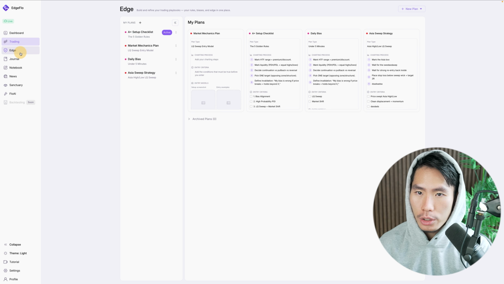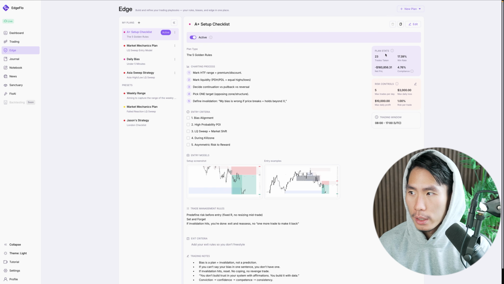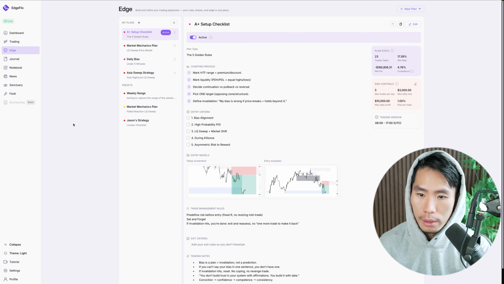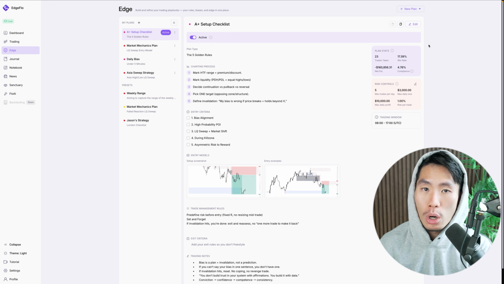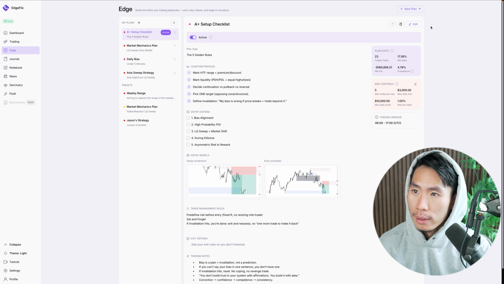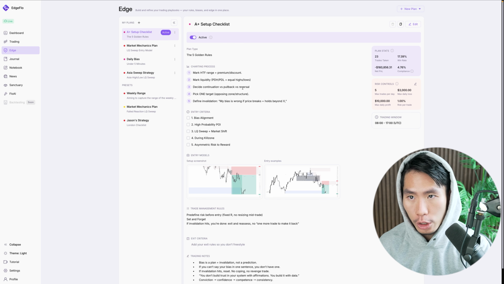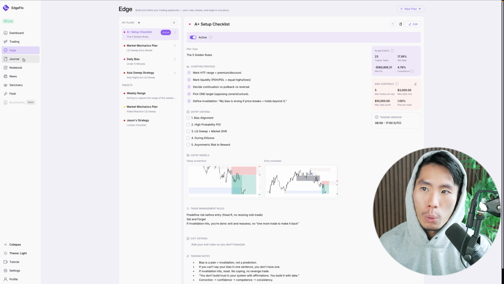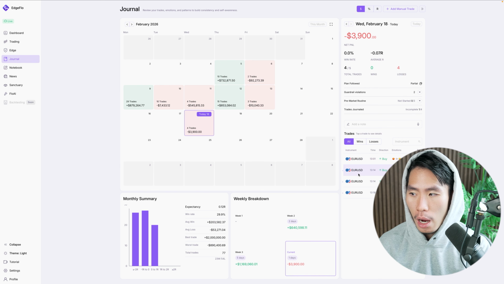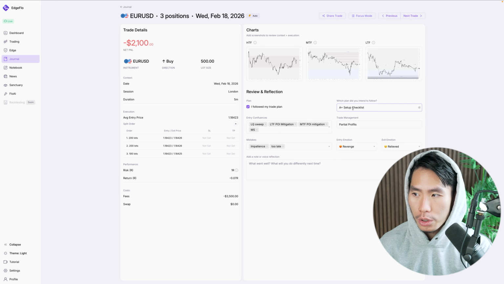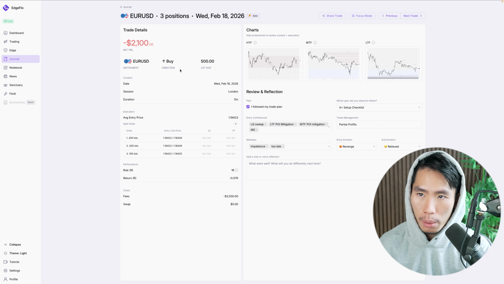So if you go back to the Edge itself, you can see this is your trading data. This is the statistics that we have compiled based on the trades that are tagged to this trading plan in the trading journal. Like what I've showcased to you earlier on your trading journal, you have the ability to go to your individual trades and tag it to the trade plan that you follow, and check off whether you followed the trading plan or not.